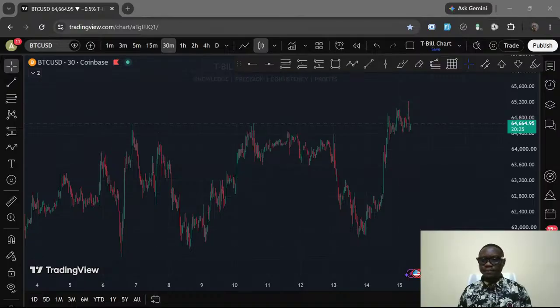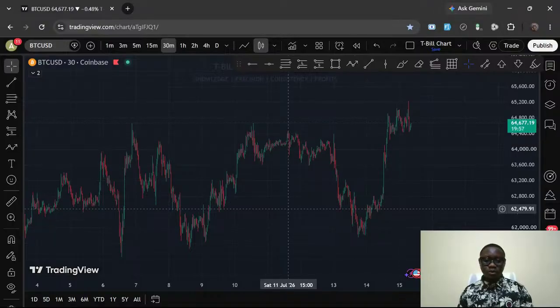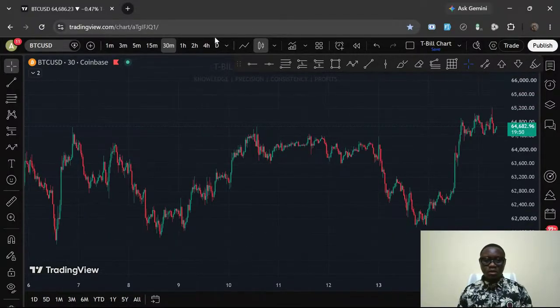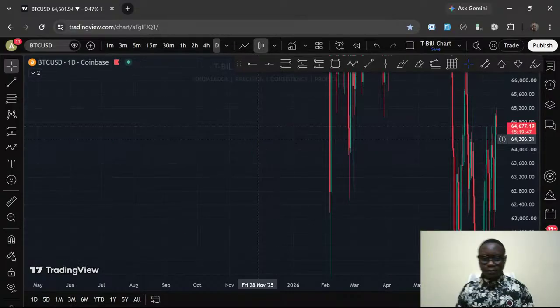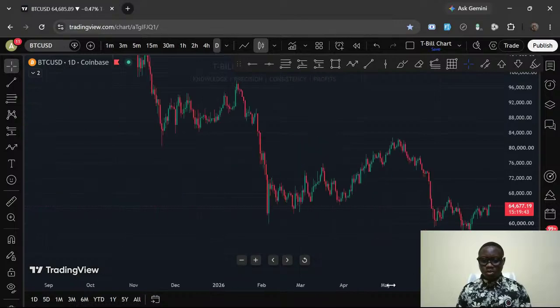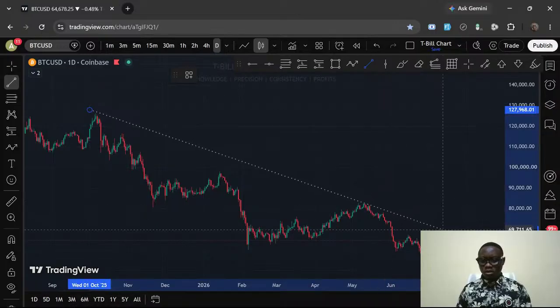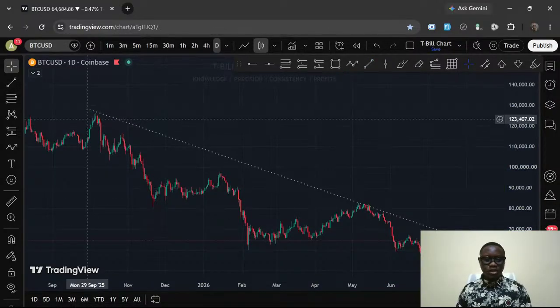So obviously, BTC USD is bearish. All right, by simply drawing a trend line, we can already tell that BTC USD is bearish.